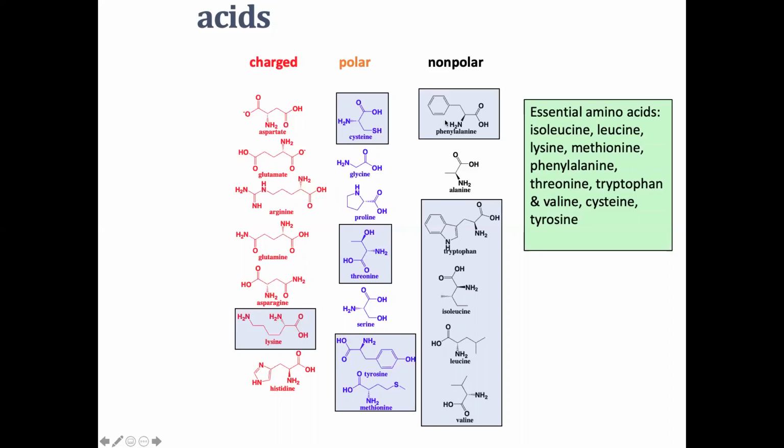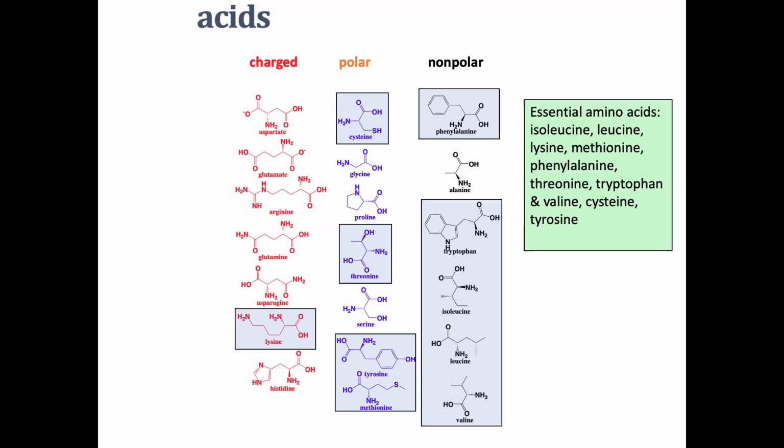And then there are nonpolar amino acids that don't have very many electronegative atoms in their R groups, and as a result, they tend to cluster with each other, usually on the inside of the molecule, in the interior.